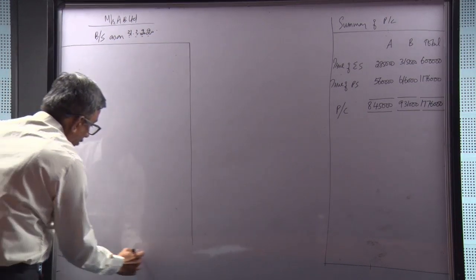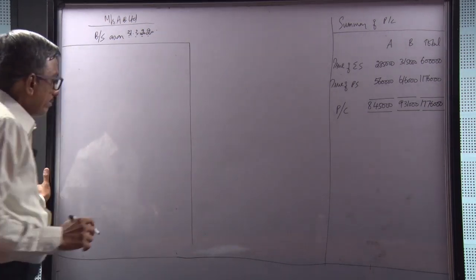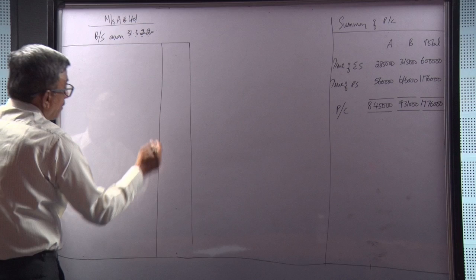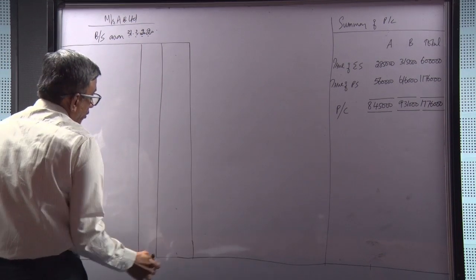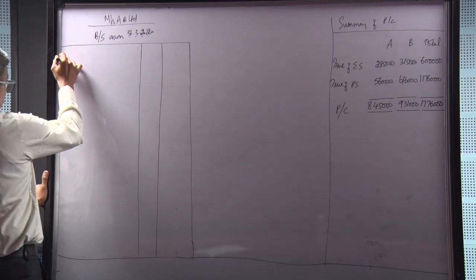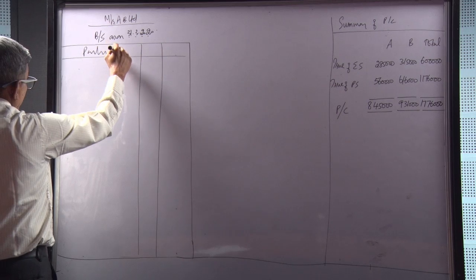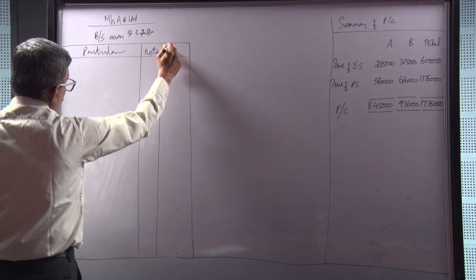Balance sheet on 31/3/20. This we have to prepare in the vertical format as per Schedule 3 of Companies Act. So remember, particulars, note, rupees.